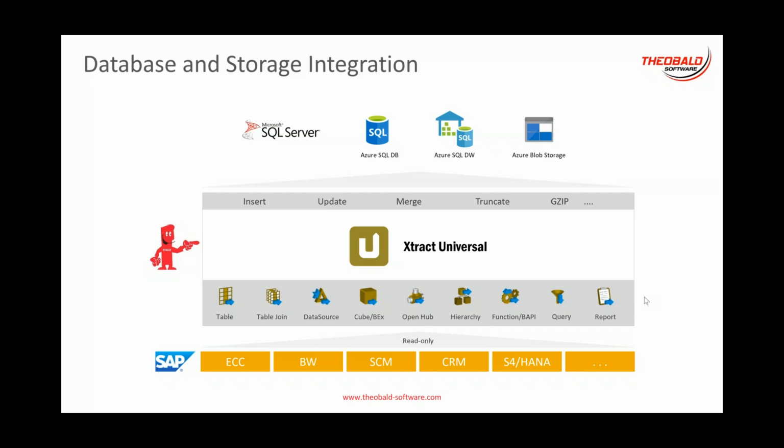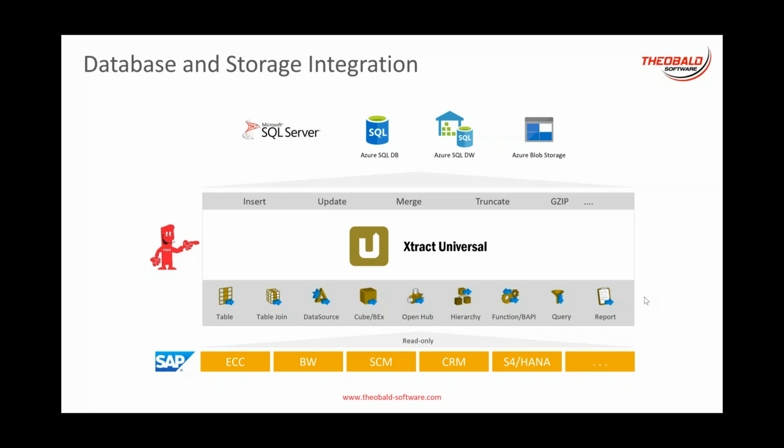The way Extract Universal works is it brings the data out from SAP in a reliable and performant way, and then it passes it through into the destination, in this case the Microsoft storage environment, directly, without storing the data anywhere in between. We're not an ETL tool.